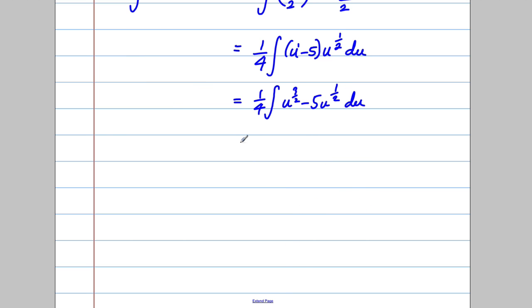Now let's do the integral, so keep the quarter there. These are just polynomials. So add 1 to the power and divide, so it would be 2/5 u to the 5 over 2.